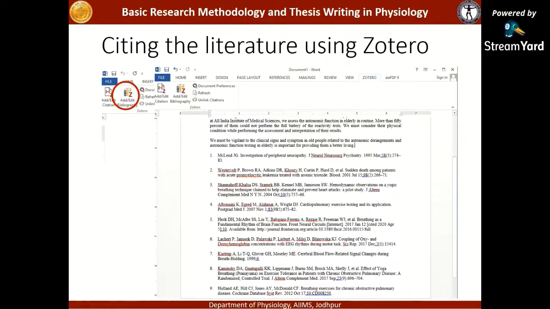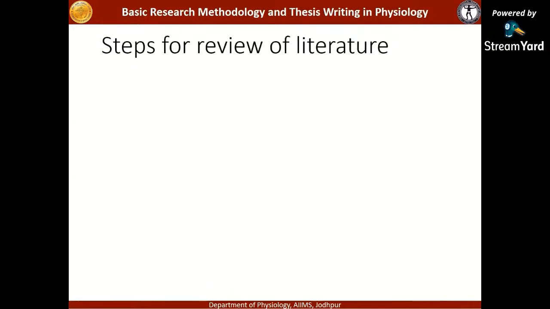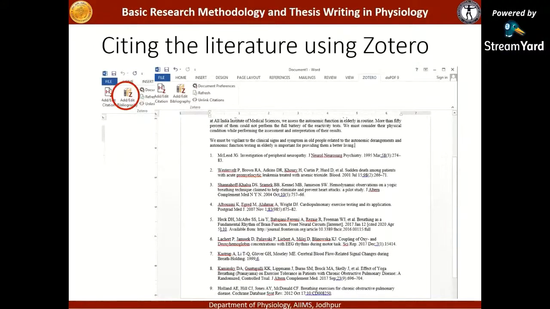Now my review of literature is final, it's completed, right? What is the final thing? The final thing is you should always unlink the citations. Once you complete it, unlink the citations before submitting to any other place or giving it to someone else.